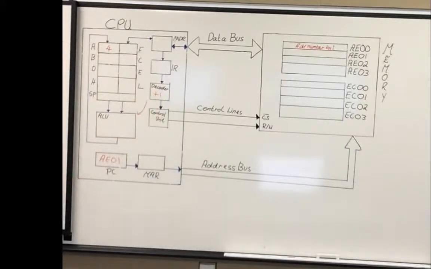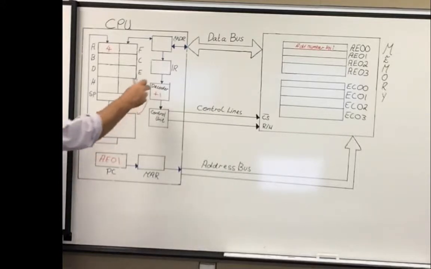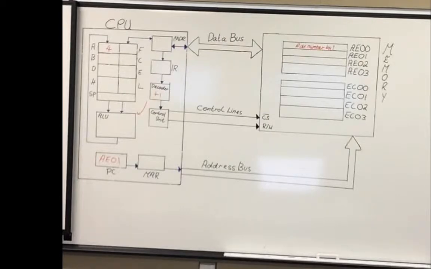The decoder is a bunch of circuitry that basically decides what the instruction actually means. And you can get lots of different types of instructions. It could be instructions that obviously need to be carried out, such as adding, taking away, or things such as asking devices to go and do something in particular. In this case, the decoder has figured out that the instruction that has come into it is asking to add a number by 1.